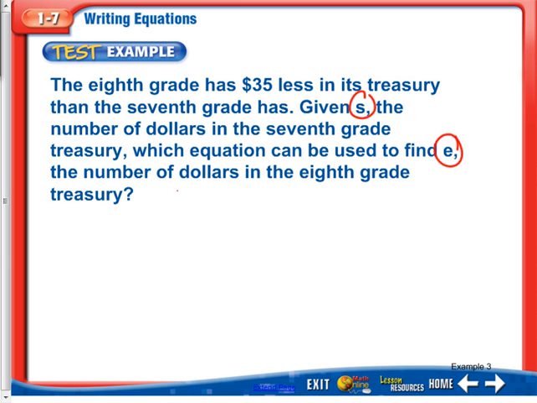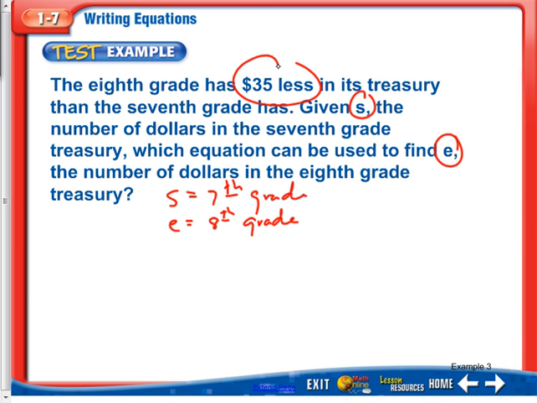All right, so S stands for 7th grade, and E stands for 8th grade. All right, now they only gave us one number here, okay? It's $35 less. 8th grade has $35 less.